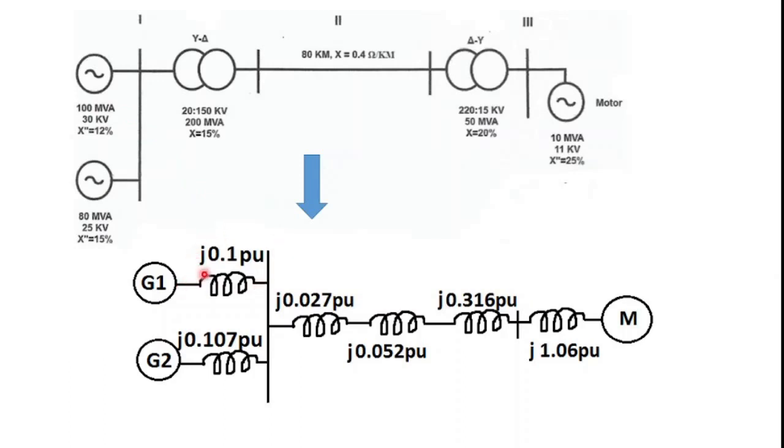For generator 1, we found j0.1 per unit and 0.107. Just plug it in the diagram like this, and this is the ultimate per unit diagram. So we finally succeeded in converting this whole power system into the per unit diagram, which is this one.